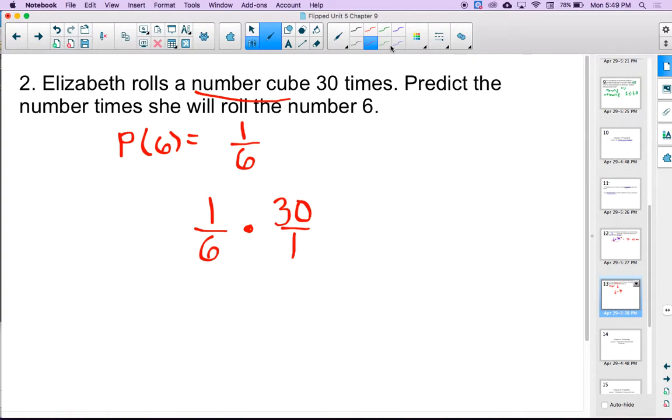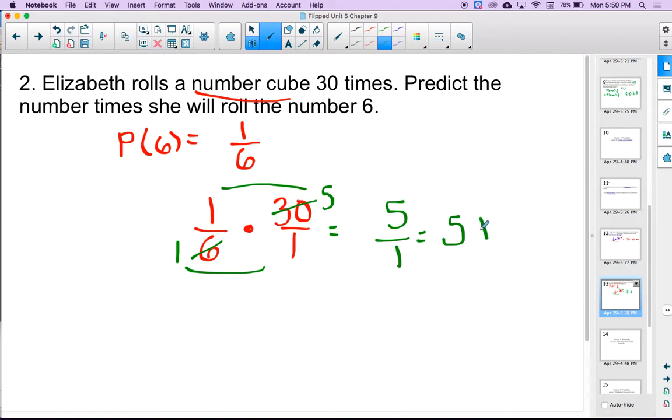Let's see if we can do any simplifying. 1 and 1, nothing I can divide out of those two, but 6 and 30, they're both divisible by 6. 6 divided by 6 is 1. 30 divided by 6 is 5. And now I can multiply straight across. 1 times 5 is 5. 1 times 1 is 1. Simplify that, and you can get the whole number 5. So out of 30 rolls, we can expect Elizabeth to roll the number 6 5 times.